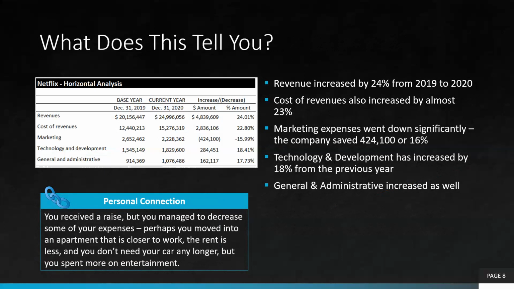Their marketing expenses, for whatever reason, went down from 2019 to 2020. So maybe they didn't spend as much on marketing as in the previous year. Technology and development also increased by 18%, and general and administrative expenses increased as well.